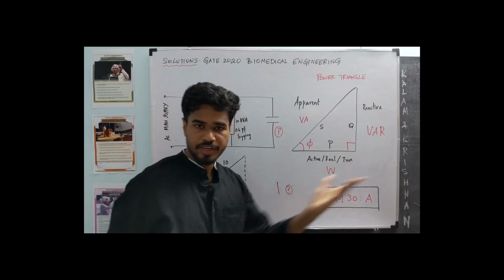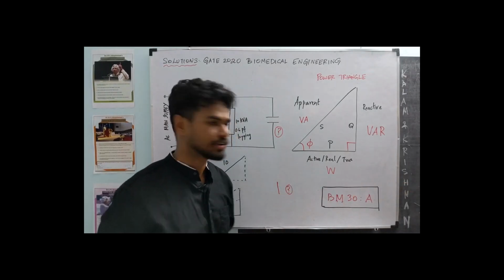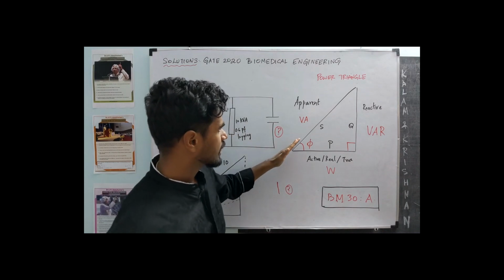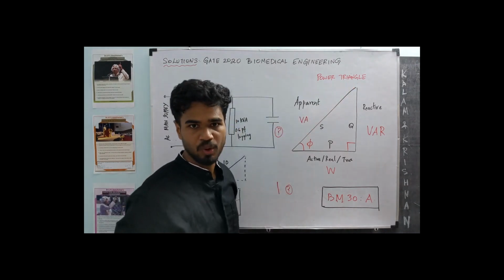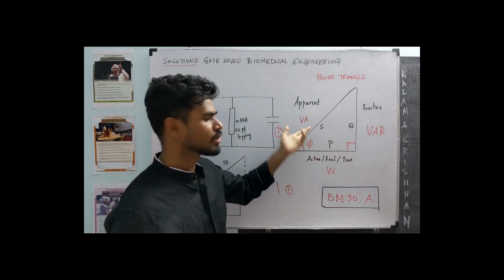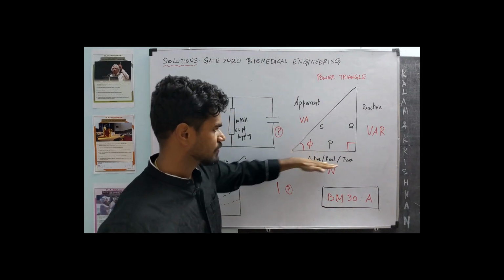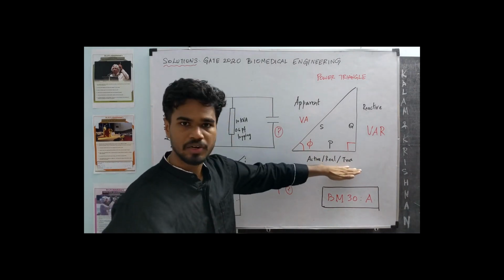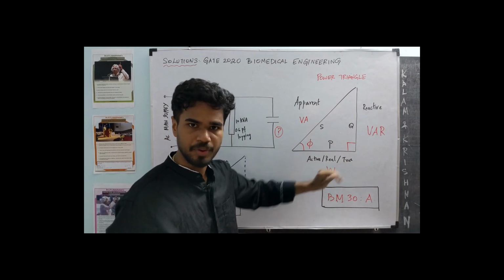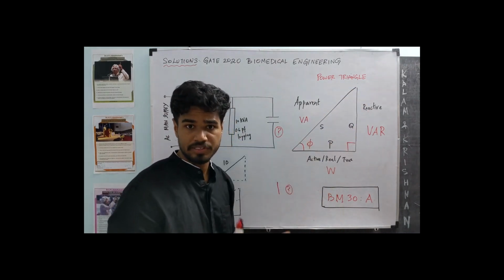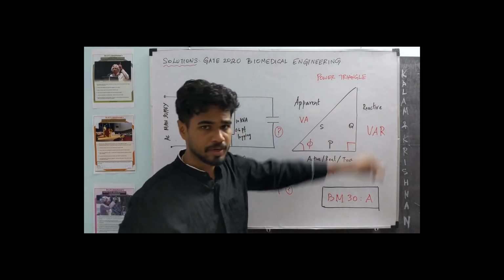In these circuits, the voltage is not in phase with the current. The product of voltage and current is known as the apparent power. The component where the voltage and current are in phase, VA cos phi, is called the active, real or true power. The component where they are not in phase is called the reactive power.